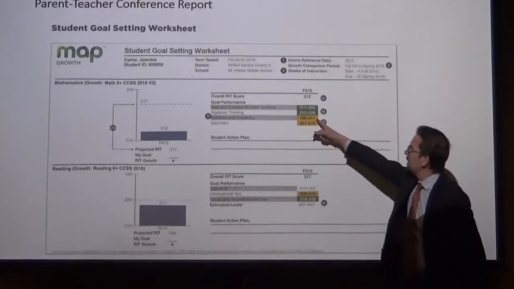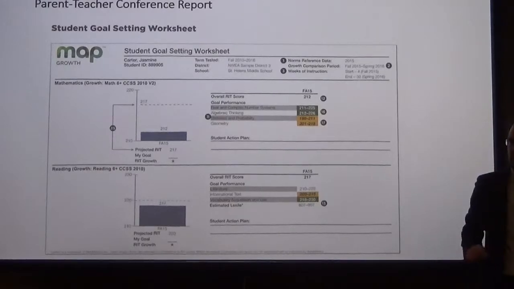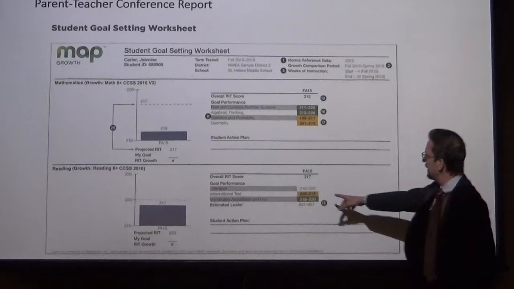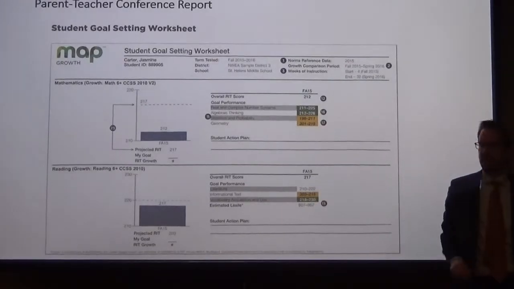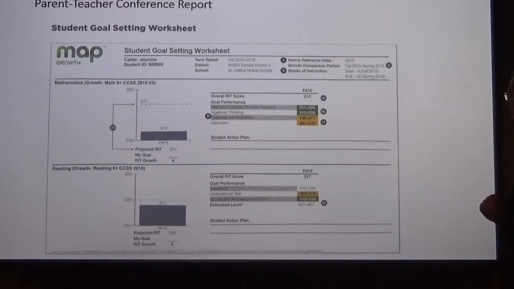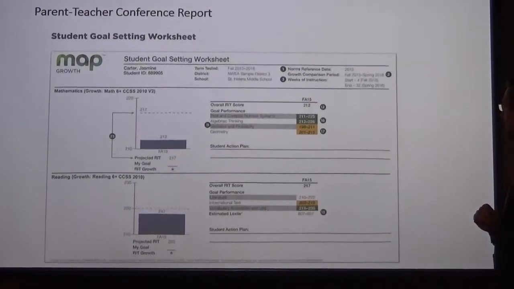And then areas where the print is boldface are areas maybe where they're performing slightly below average. And if there's nothing, it's just white and normal, that means they're performing right where they should be for their age. And so this child, again, has some areas of strength, some areas that maybe need to be worked on.